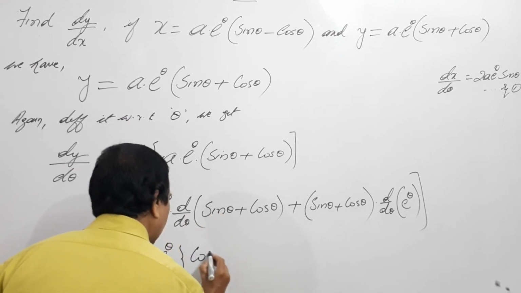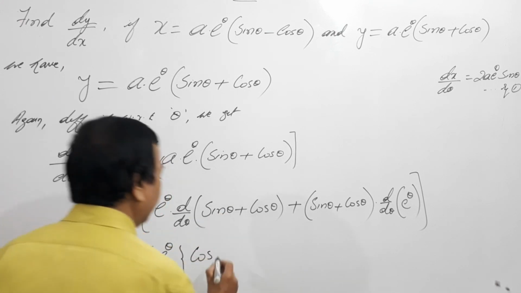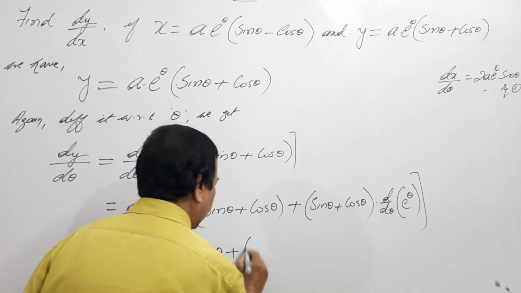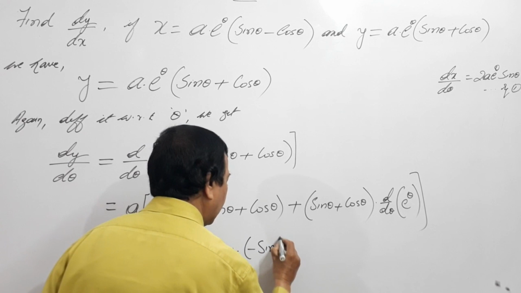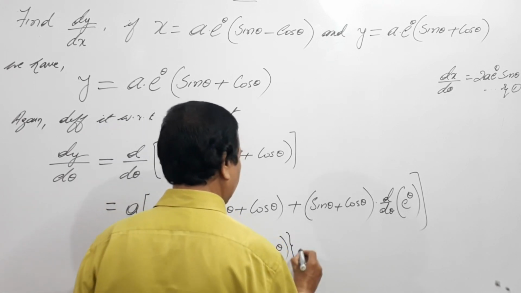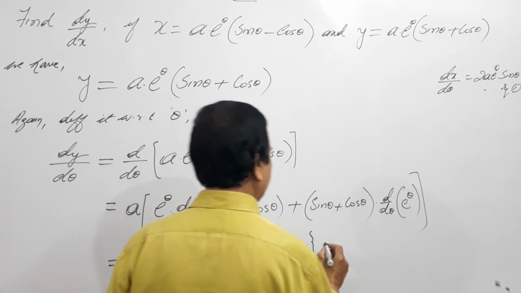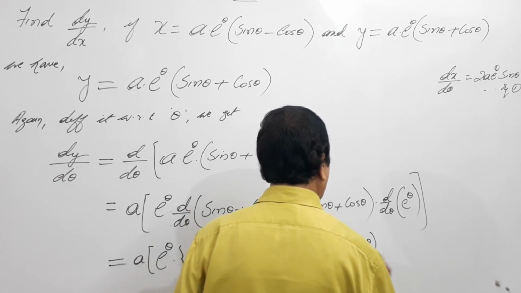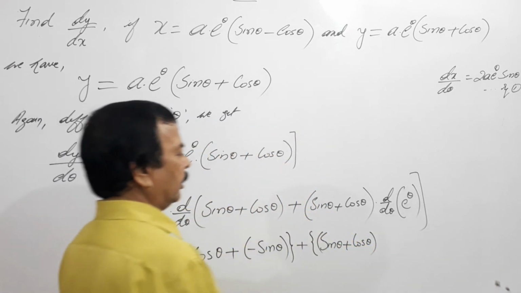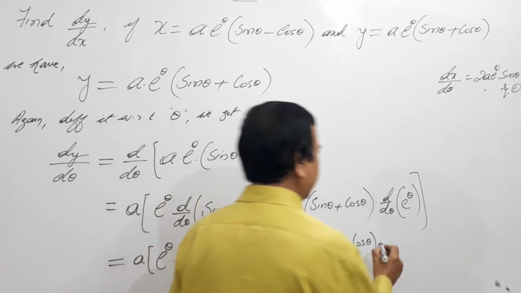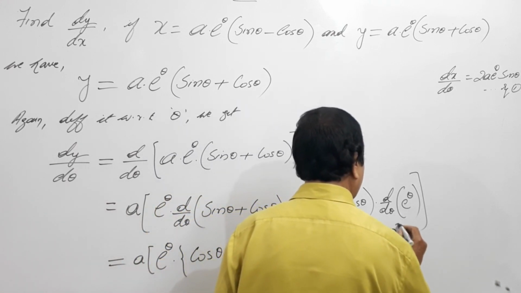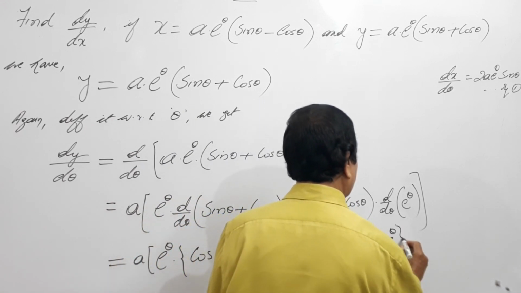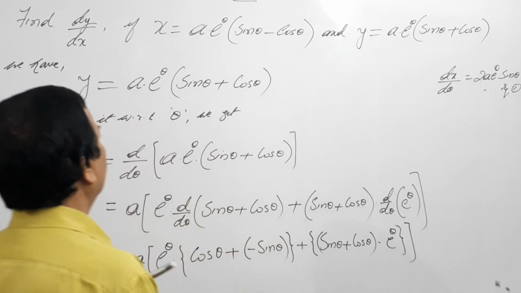If we differentiate sin theta, it will be cos theta, plus if we differentiate cos theta, it will be minus sin theta, plus sin theta plus cos theta into d by d theta of e to the power of theta, which will be the same, e to the power of theta. I will rub this.